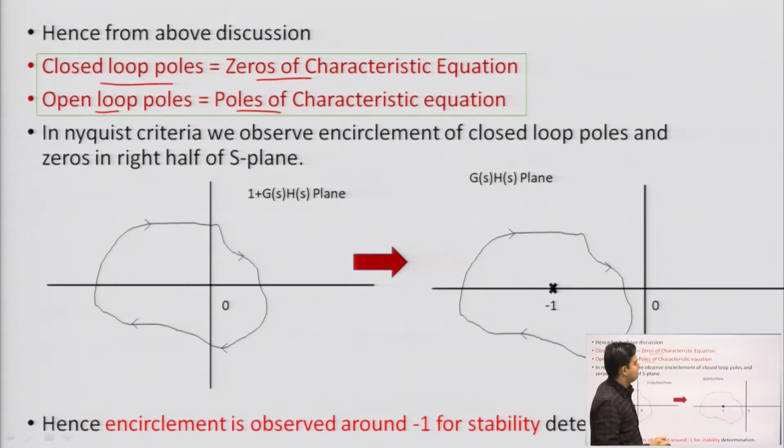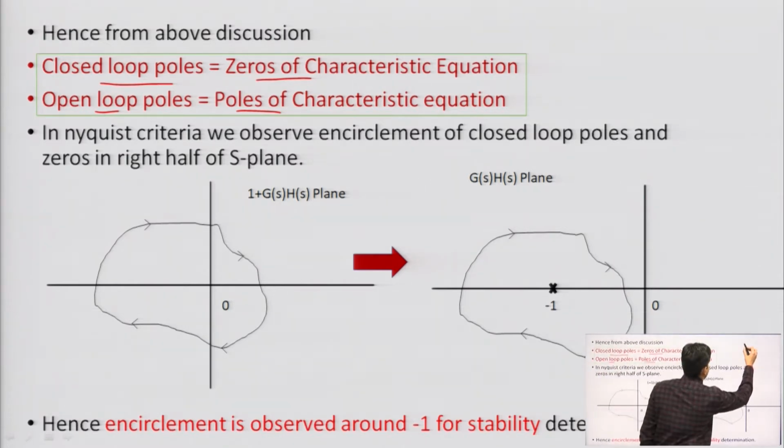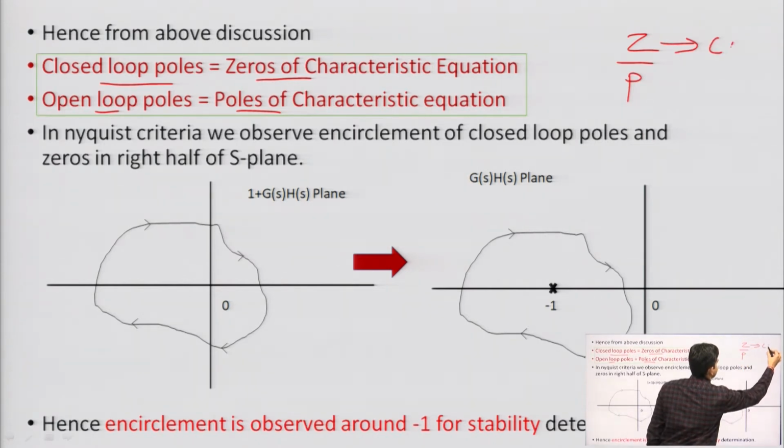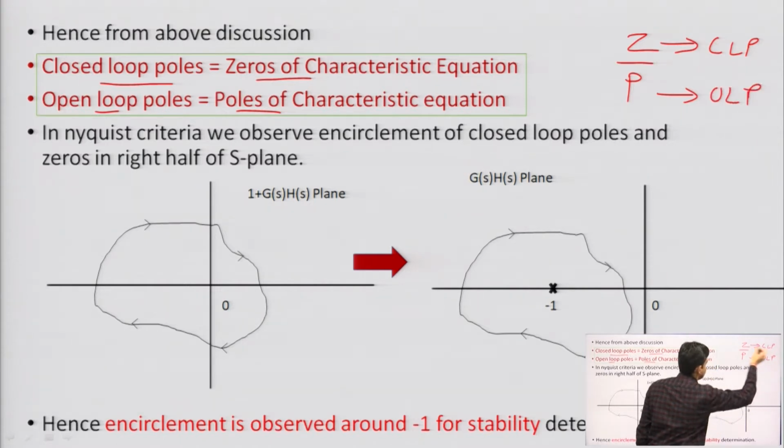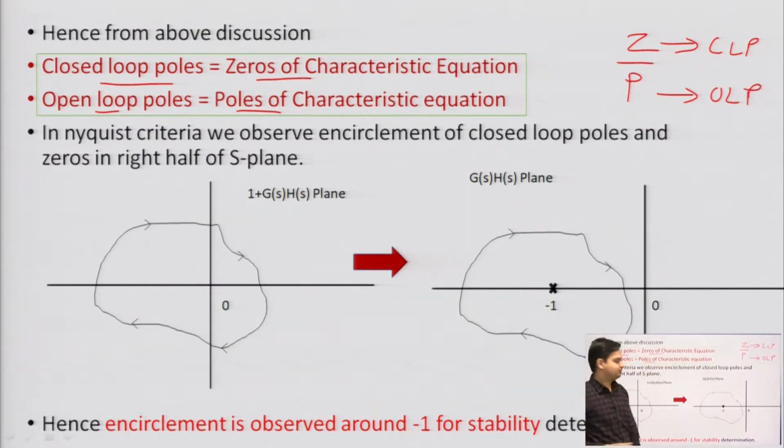It means, if I write the equation in terms of z and p, this will give me the closed loop poles, and this will give me the open loop poles. This concept we had seen in the last lecture. Okay. So, here we see that encirclement in the 1 plus GS HS plane was happening around the origin.